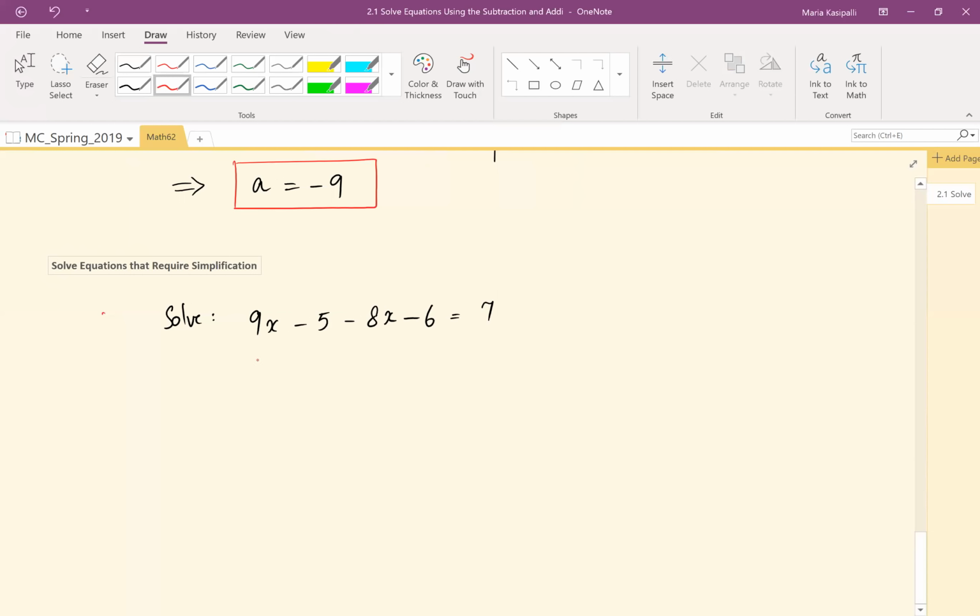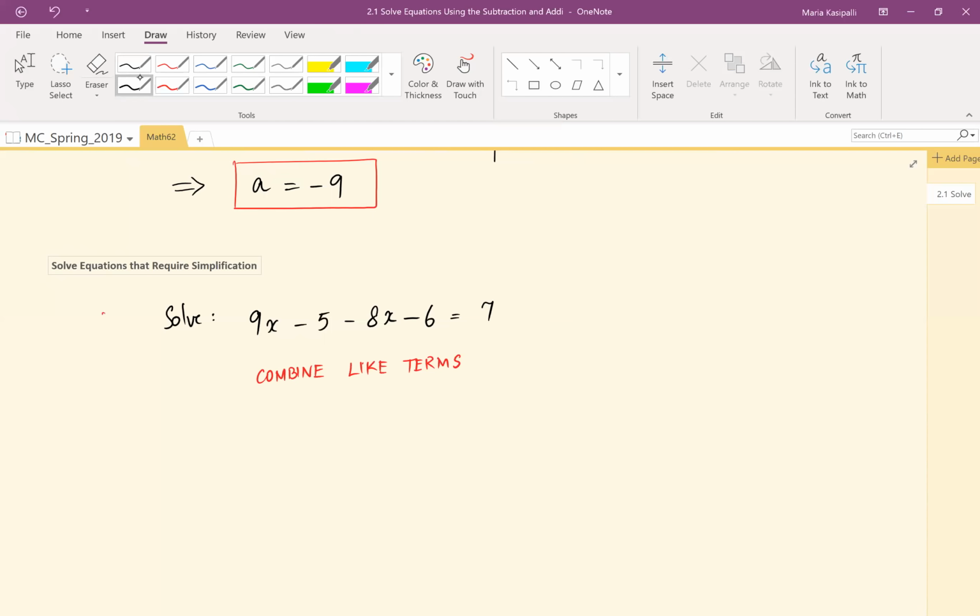One of the things we do to simplify is that we combine like terms on both sides first. Okay. So again, like terms are terms that look alike, not terms that you like. So if they look alike, they must have the same variable with the same power.